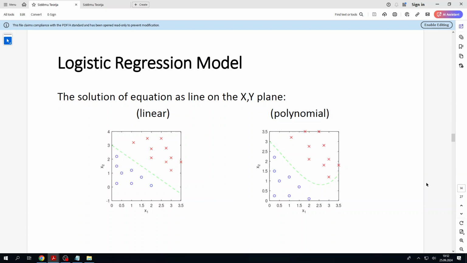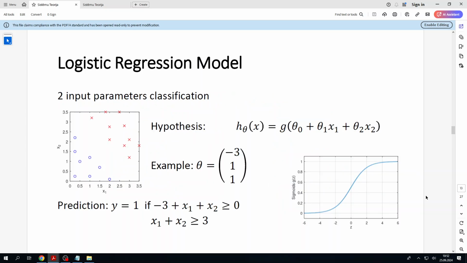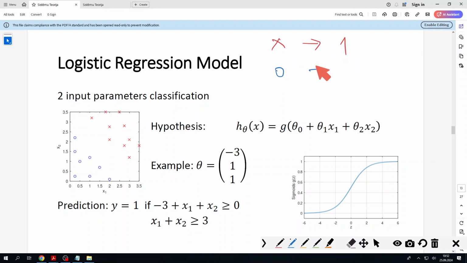I don't understand why y is equal to 1. Why did they choose these numbers? Yes, for the prediction, y equals 1. Well, probably I didn't mention this, but we assume that x is 1 and that this blue dot is 0.